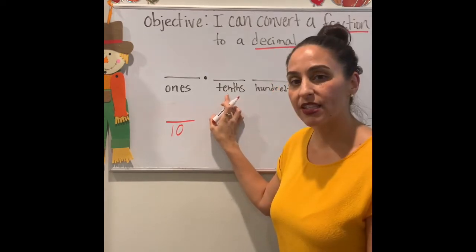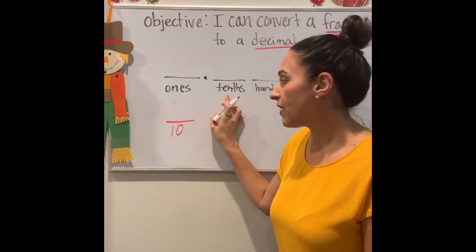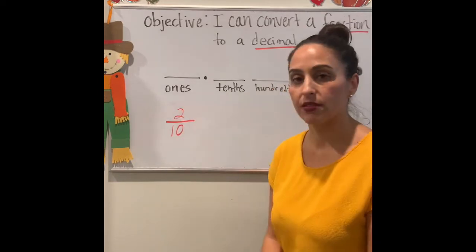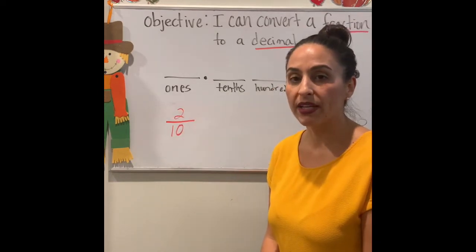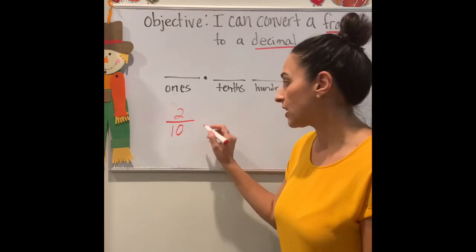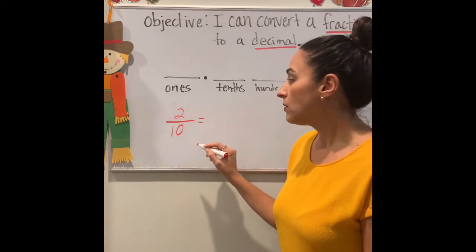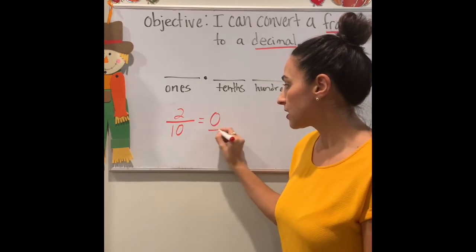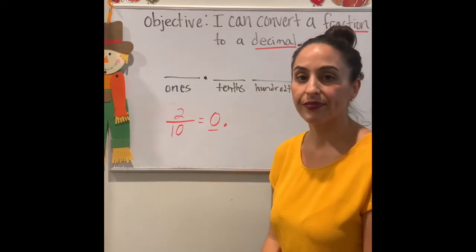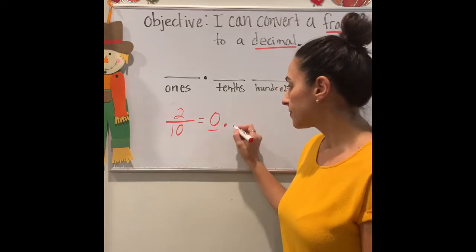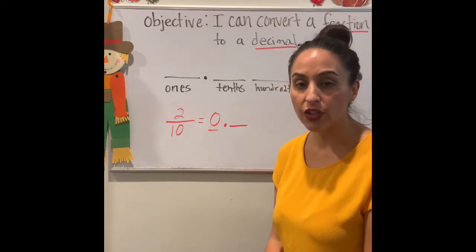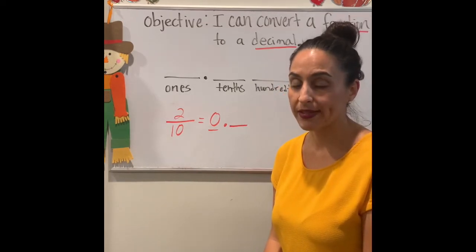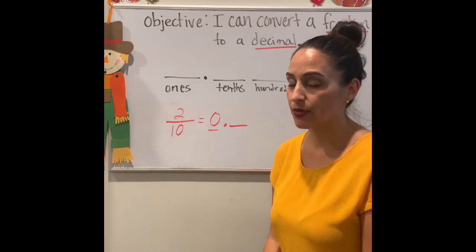I go to my tenths spot. If I have, for example, 2/10, where am I going to place that and convert? How am I going to convert that to a decimal? Well, I don't have any ones, so I'm going to put 0. That's my ones place. Decimal, tenths is one place after the ones place, after the decimal.